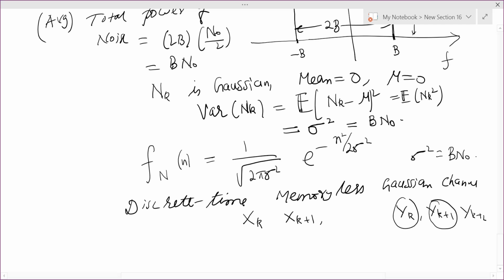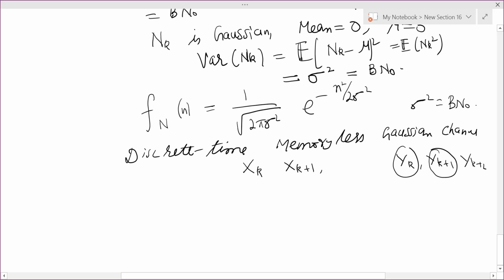Also, you will not be using infinite power. You have a limited battery power. So your input, denoted by xk, its average power will be the expected value of xk square.